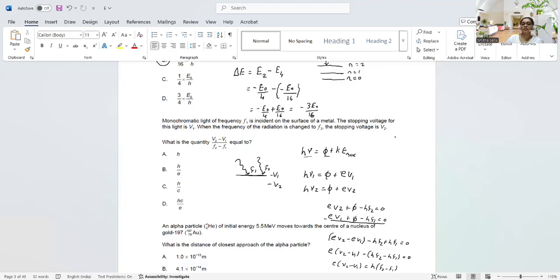Dividing both the sides by F2 minus F1, what are you getting? V2 minus V1 over F2 minus F1 is equal to h by e. So the answer has to be C.